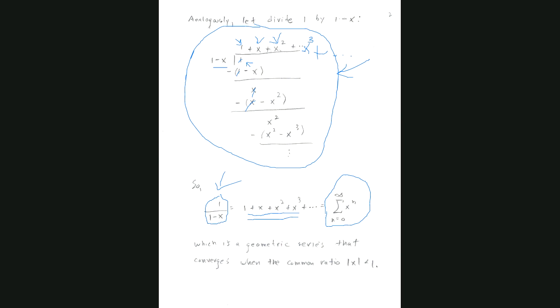X. So this function, 1 over 1 minus x, will equal that power series, but only where the power series converges.